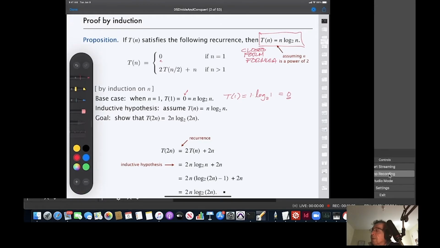Let me write it. The inductive step is really trying to show the following.